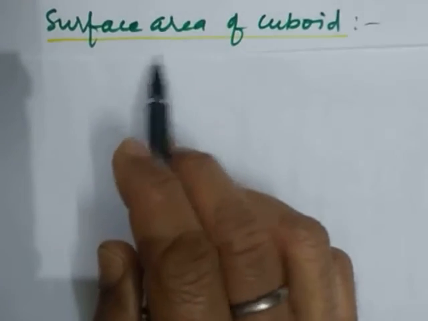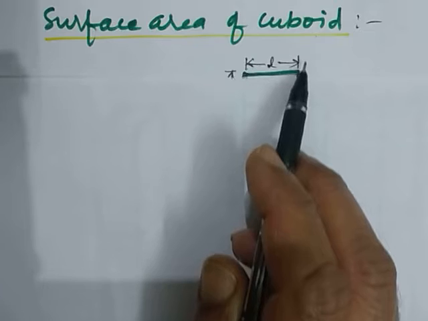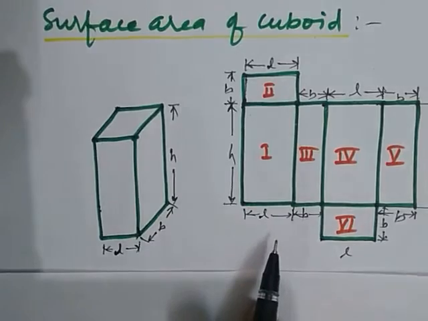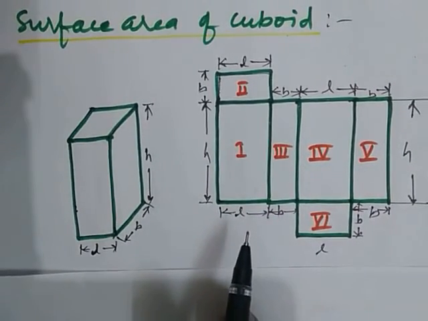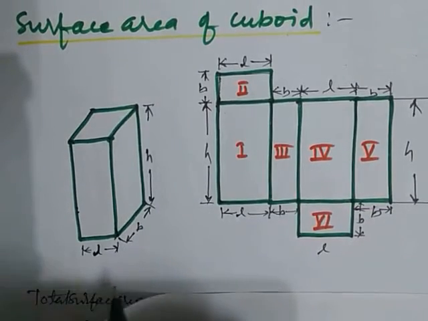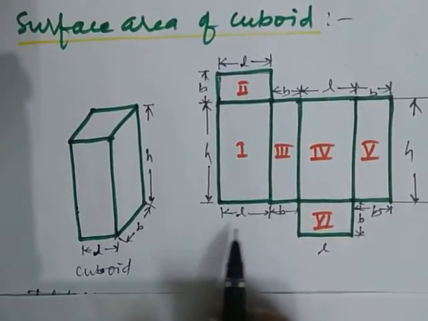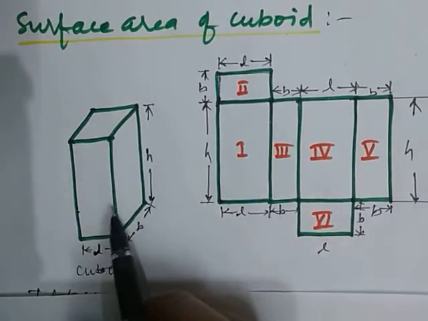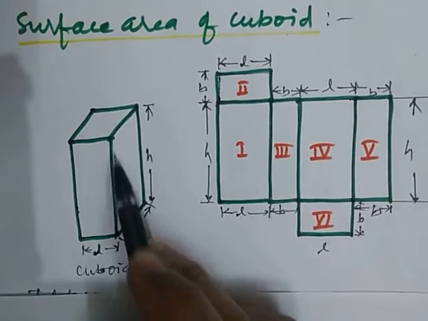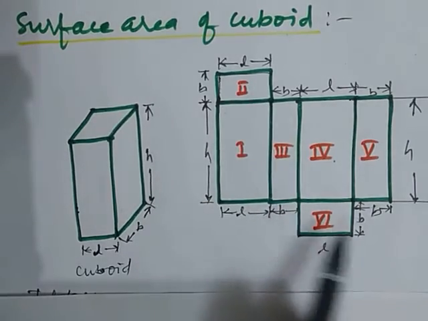Now we learn the surface area of a cuboid. Here we split a cuboid on paper. This is a cuboid. If a cuboidal box is opened, that is split along its edges and placed on the paper, its faces look like this.